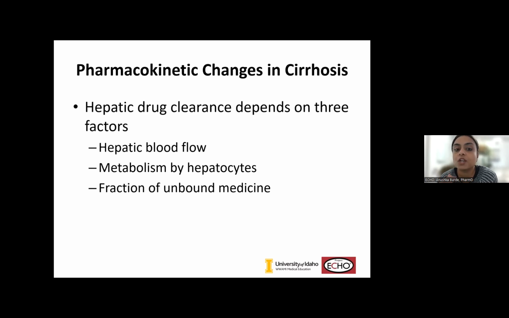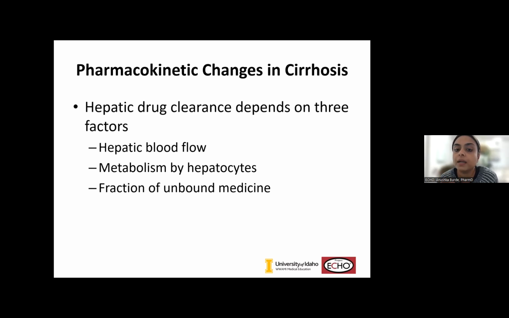Medications which depend on hepatic blood flow for clearance are not cleared efficiently because of this restriction. For example, naltrexone depends on the hepatic blood flow. In cirrhosis, because the hepatic blood flow is reduced, naltrexone levels go up pretty high, about 5-fold in somebody who is a compensated cirrhotic and about 10-fold in somebody who is a decompensated cirrhotic.